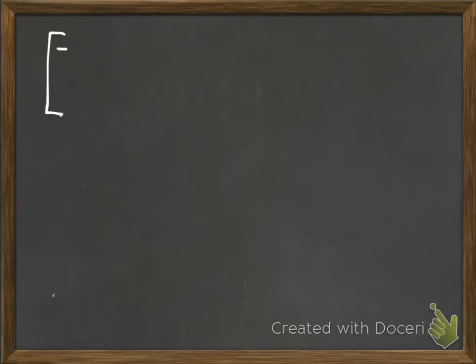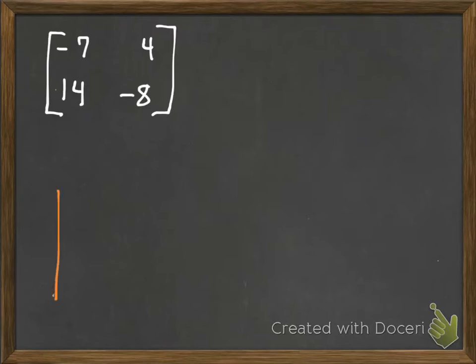Okay. So we have negative 7, 4, 14 and negative 8. So let's find a determinant. So I'm just coming down here to the scratch work area, and I'm going to do my determinant there.